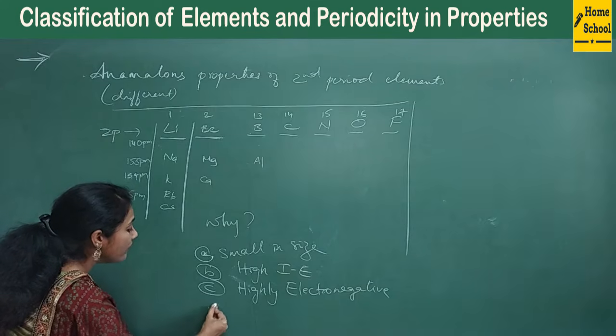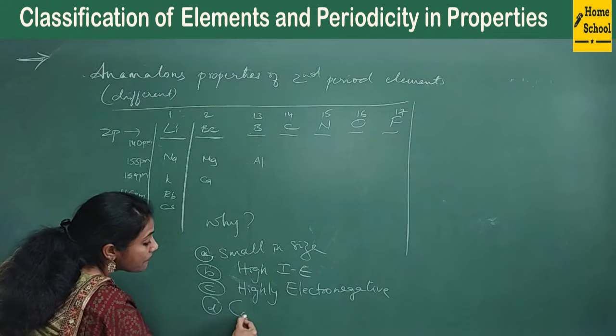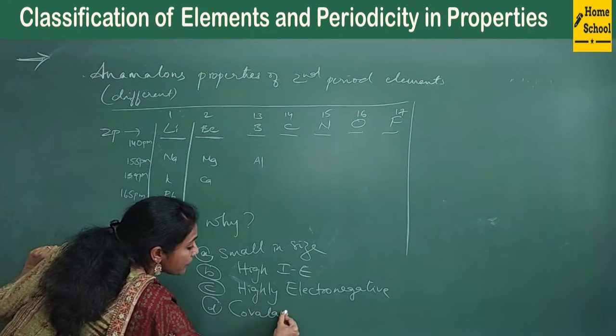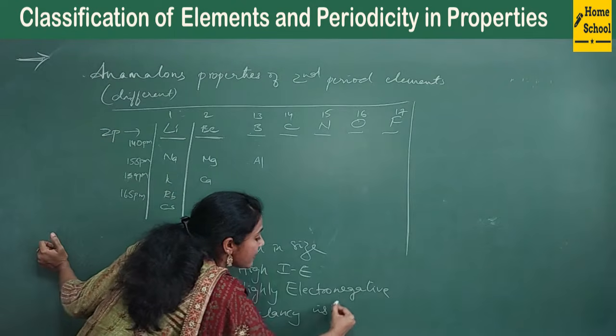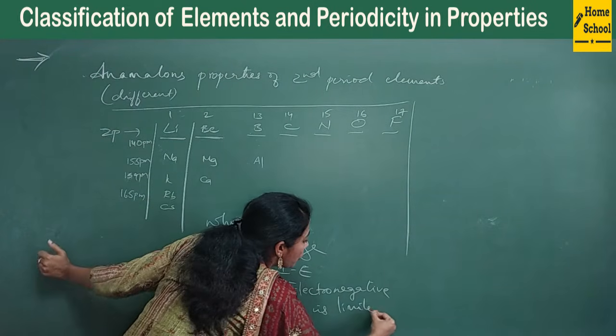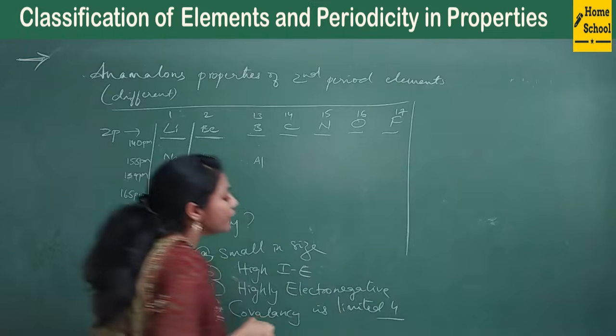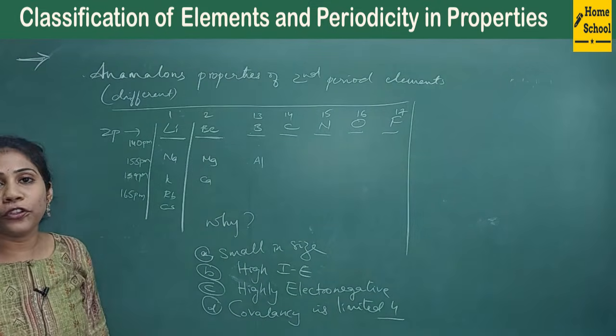And the fourth one, which is very, very important, is their covalency. Covalency is limited to 4. So what do you mean by covalency is limited to 4?